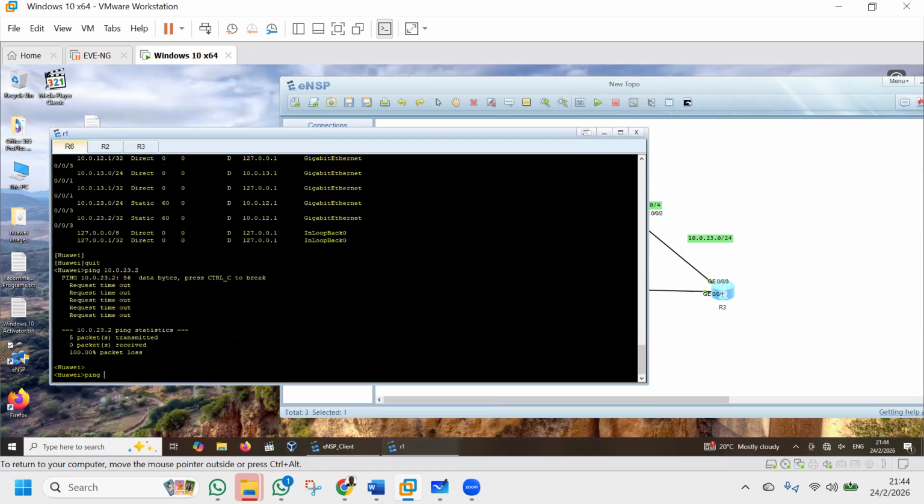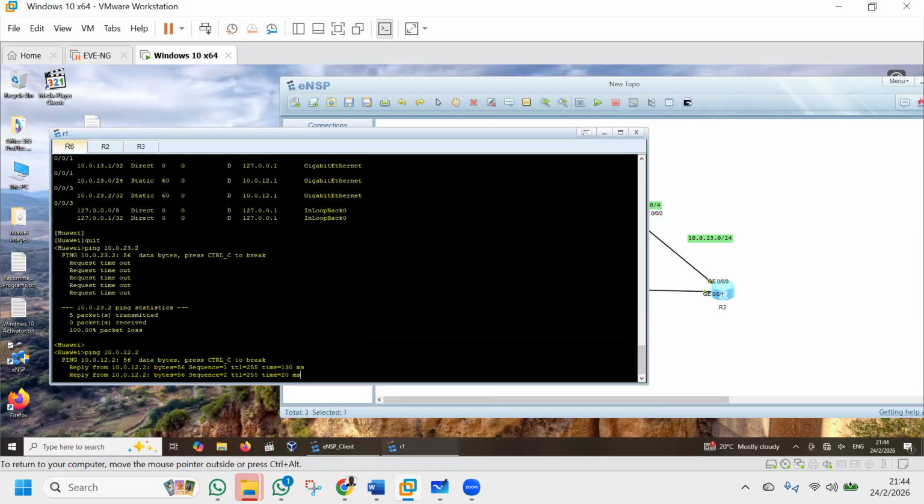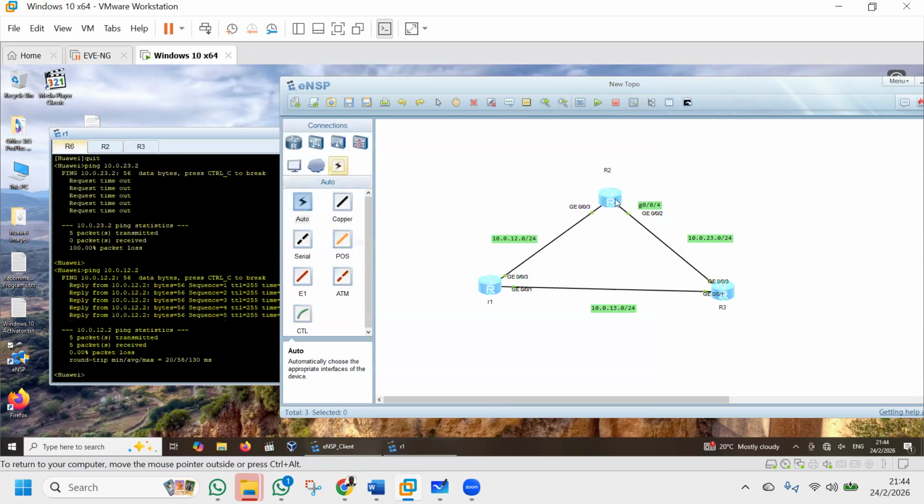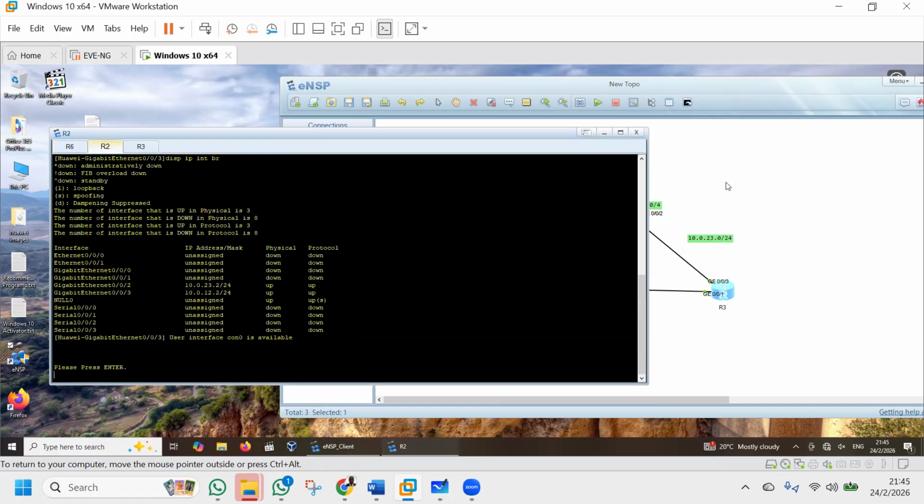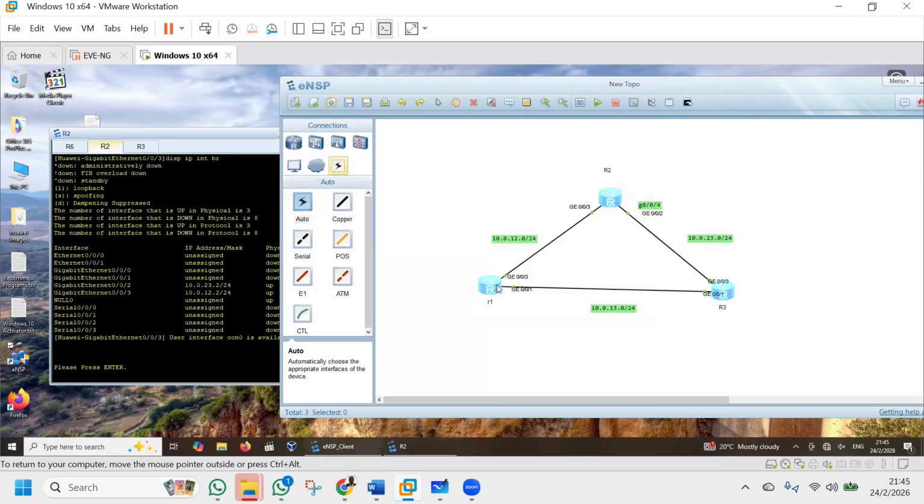Let's ping this from this device. R2 doesn't know the network. Okay, the route is accepted, config over now. So from this, I know this.